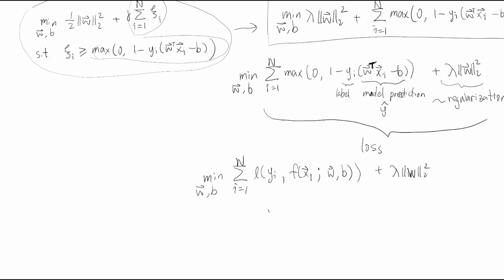In this case, we have L of yi and y hat. So y hat is equal to max between 0 and 1 minus y hat. This is called the hinge loss.